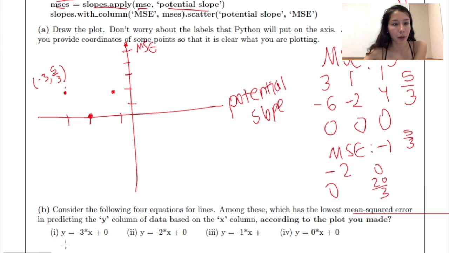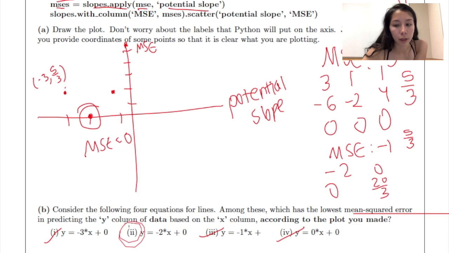So immediately we know the thing that has MSE of 0 is going to obviously be the best fit. So it's not going to be 1, not going to be 3, and not going to be 4. It's going to be 2, which has the slope of -2, since that has a 0 mean squared error.